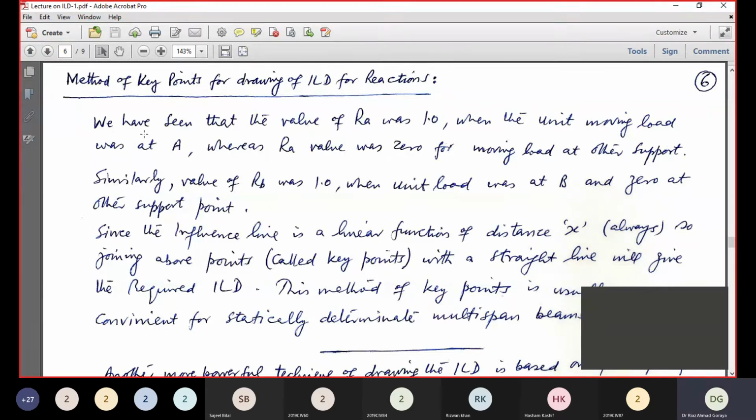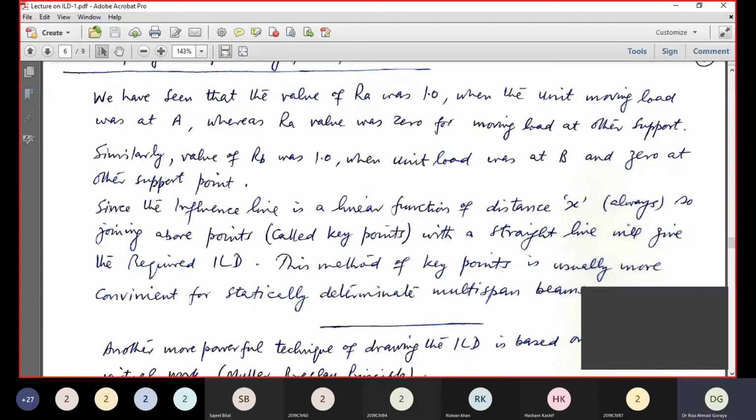Similarly, the value of RB was 1 when the unit moving load was at B and 0 at other support points. Since the influence line is a linear function of distance x always, joining the above points, called the key points, with a straight line will give the required ILD.